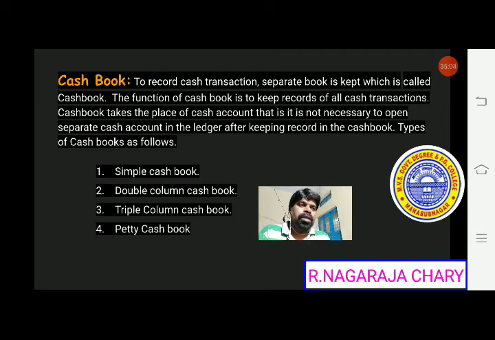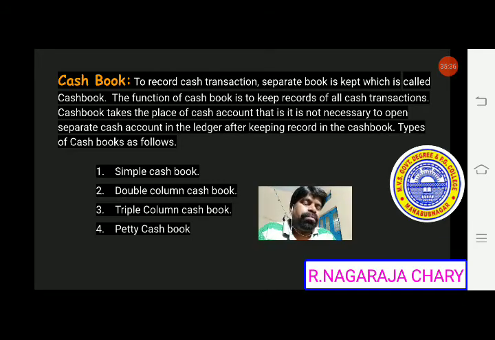In the cash book, payments may be equal to the receipts, or the receipts will be higher than the payments. So, that is why the cash book always consists of a debit balance.